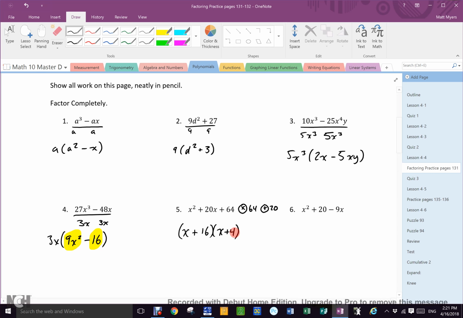Those are 1, 2, 3, 4, 5, but I've highlighted something in number 4.